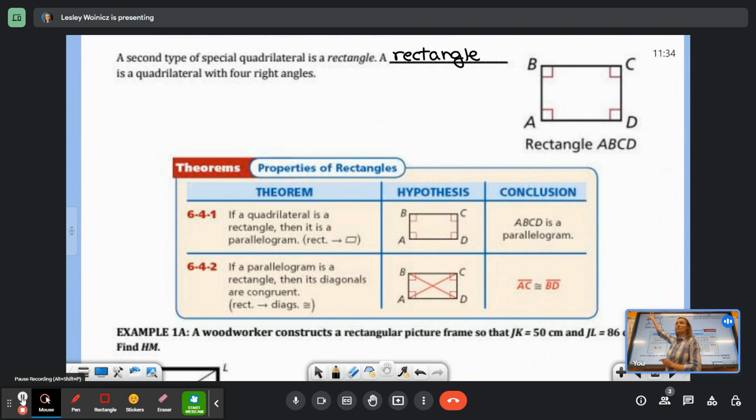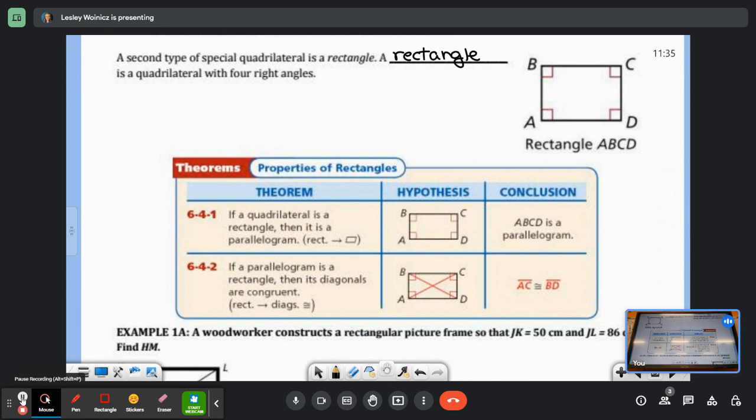It has to also be a parallelogram. If we have a quadrilateral that is a rectangle, then it is also a parallelogram. If a parallelogram is a rectangle, then its diagonals are congruent.